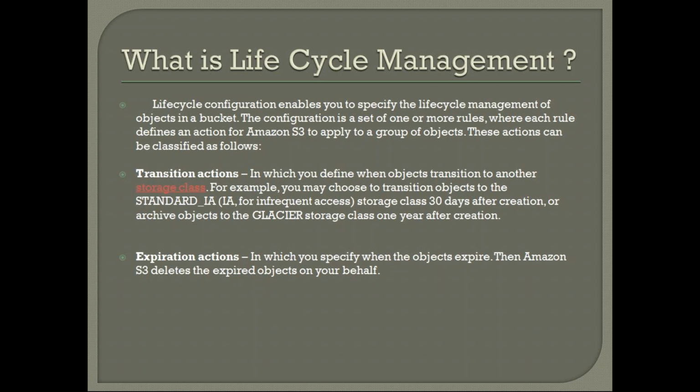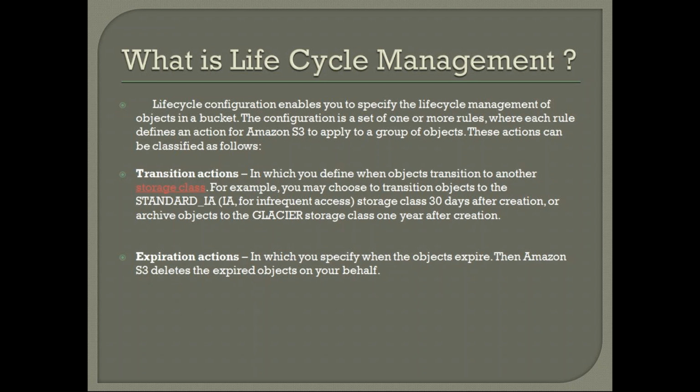Once an object becomes eligible for transition or expiration, you can see the delay. For example, you may choose to transition objects to Standard IA. After 30 days, the data will be moved to infrequently accessed storage.